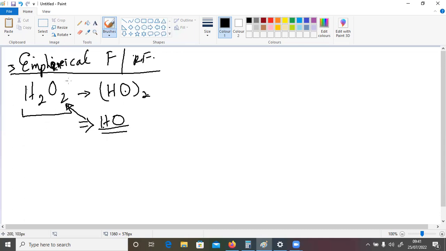This side is the relative molecular formula, and this side is the empirical formula. It shows the most basic formula for that compound, which just shows us the atoms and their ratios in the simplest form.